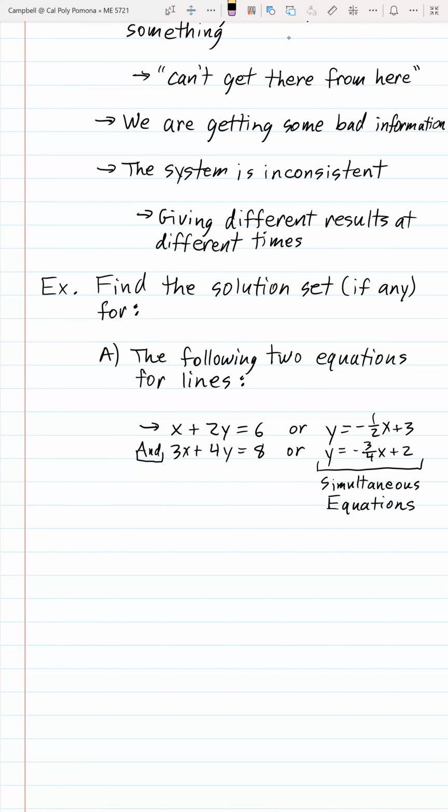But of course, another way that we can solve simultaneous equations is to eliminate the variables. So eliminate a variable and then keep solving, potentially eliminate another one. In this case, we wouldn't need a second elimination. So let's go ahead and work through that approach.